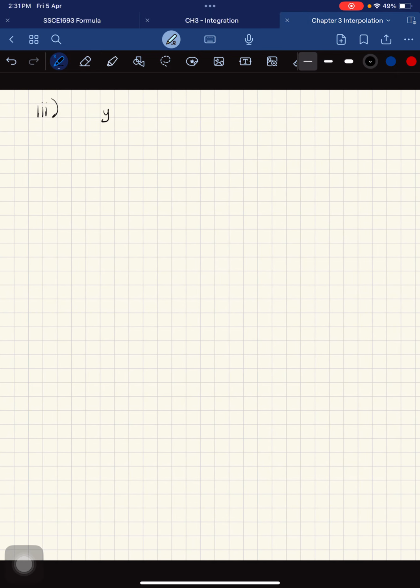So we have y equal to 1 plus 0.1997 x squared. So we have x and then we have y. For x we have 1, 1.5, 2.5.